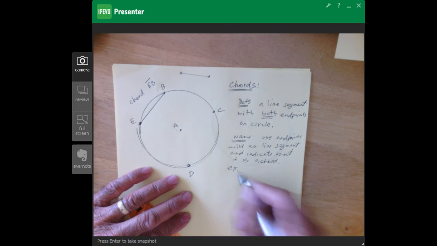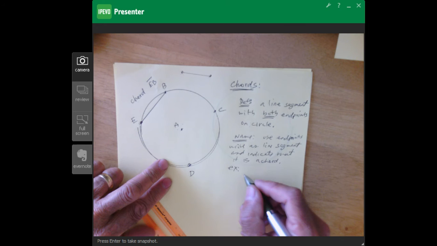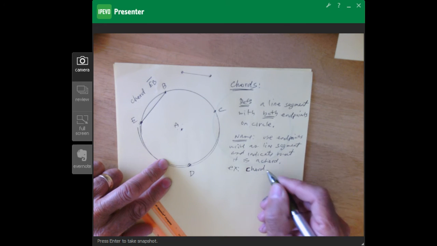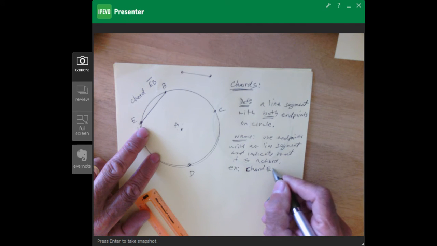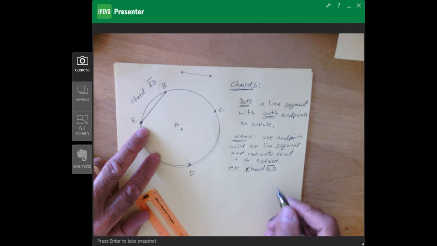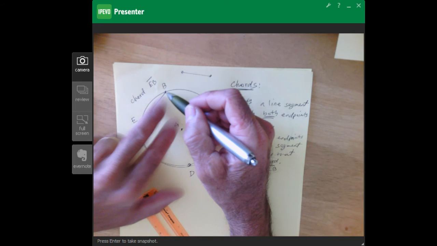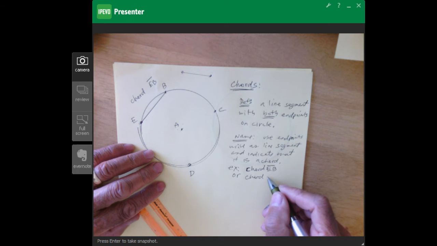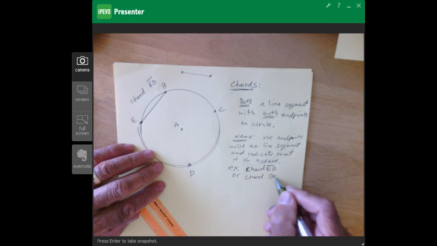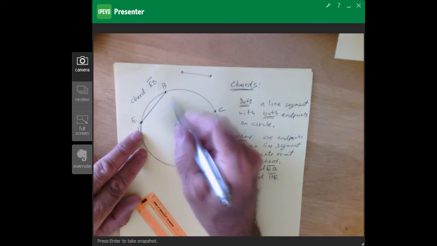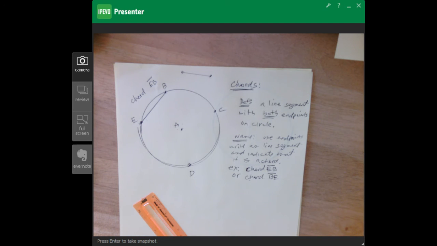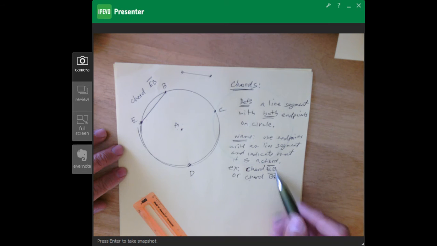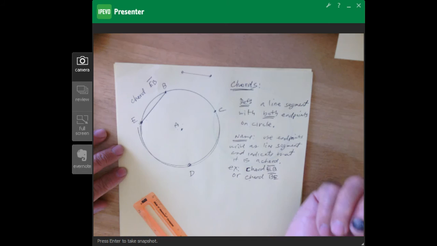So in other words, for example, chord EB. There's our indication. It starts at E, ends at B, like that. Or if we wanted to start at B and end at E, that would be fine too. So remember, chord BE, chord EB. So direction isn't important in identifying these. These are exactly the same. These both represent the exact same chord.